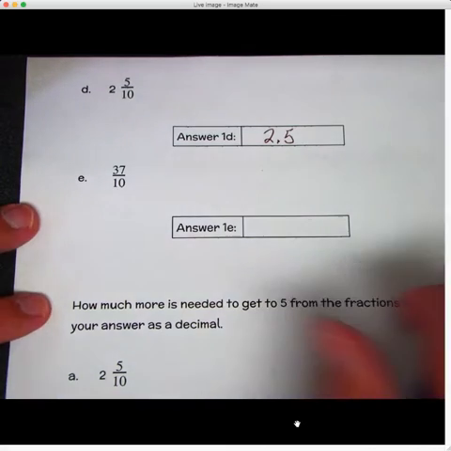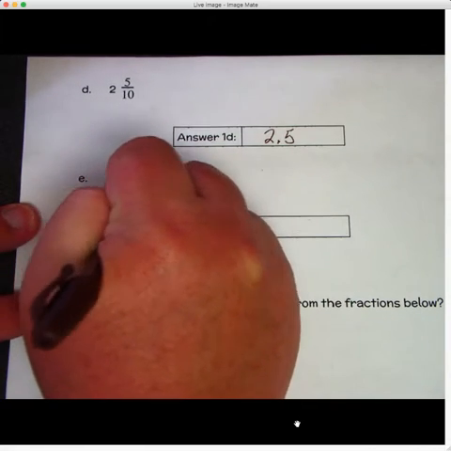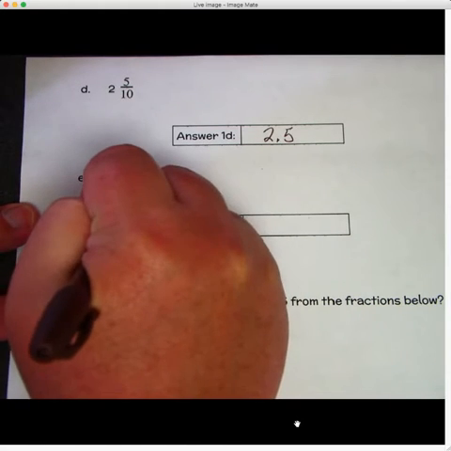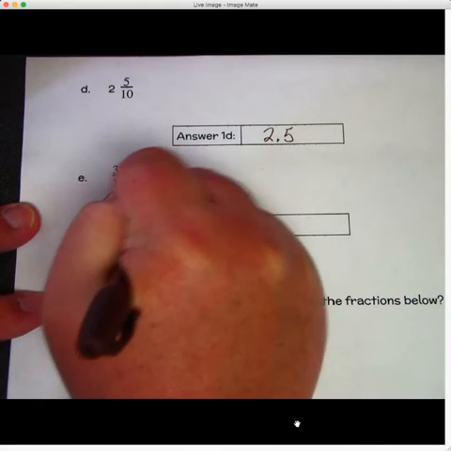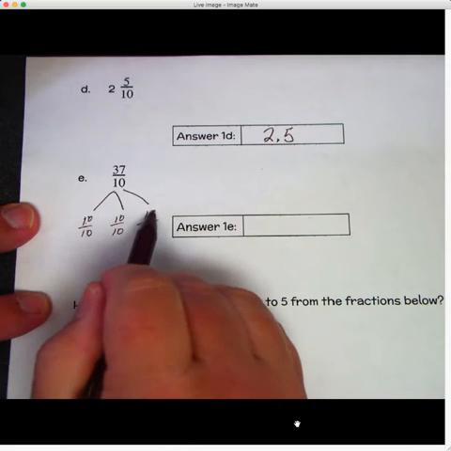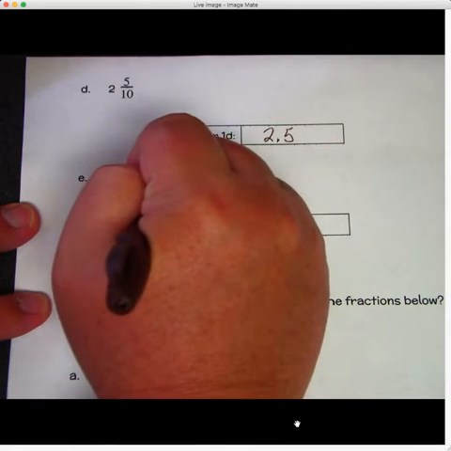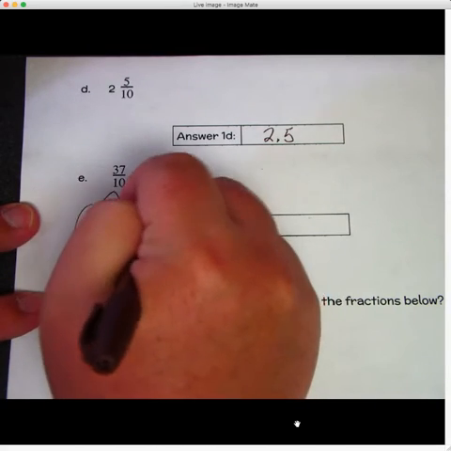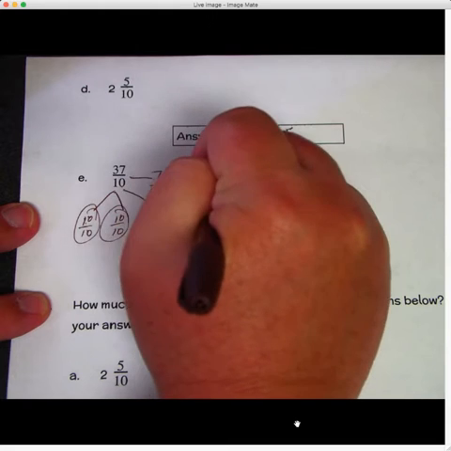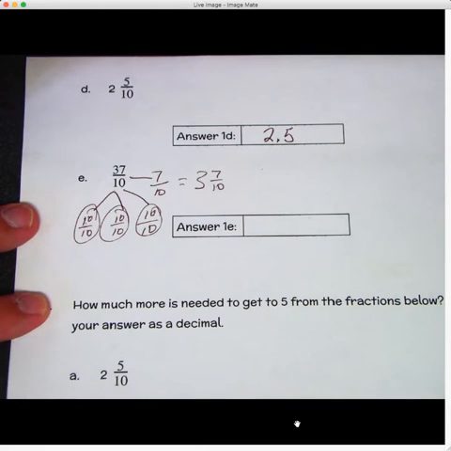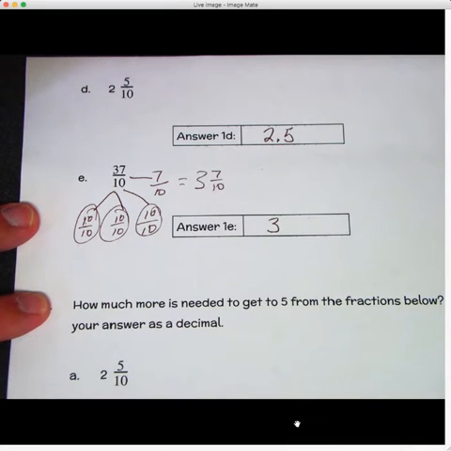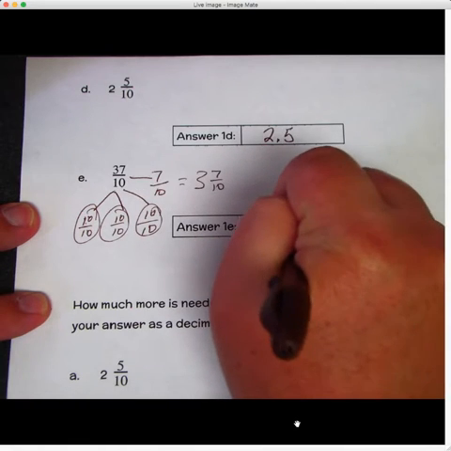All right, we're going to decompose it. 37 tenths would be 10 tenths, 10 tenths, and 10 tenths, 10, 20, 30. We need 7 tenths more. So we have 1, 2, 3, and 7 tenths. So just decompose that fraction, make it a mixed number, which is 3. I have to write it as a decimal. And 7 tenths looks like that.